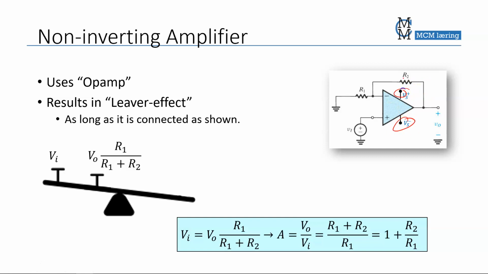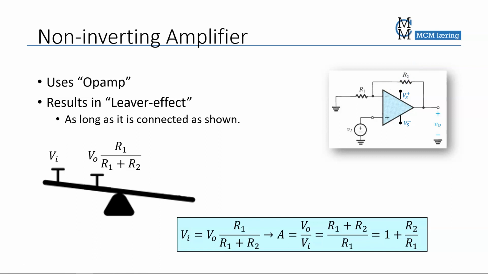Again, you have power supplies. You need power supplies to drive the amplification, and you have two resistors connected to the basic amplifier, and those two are used to adjust the gain to the exact value that we want.